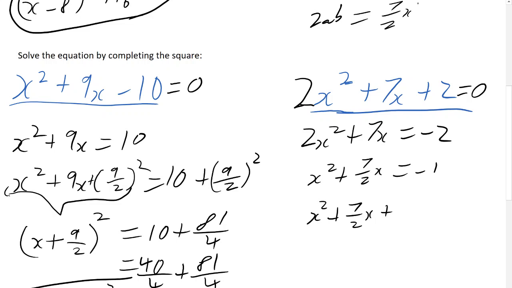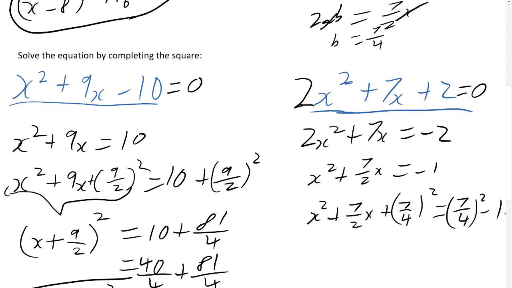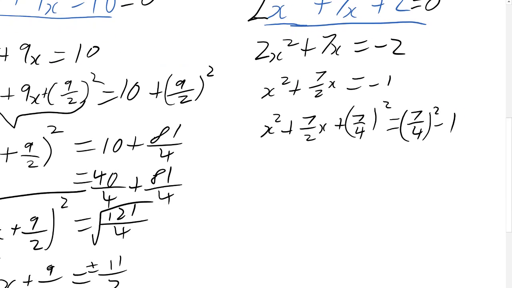A is equal to x right now, so we can cross those two out. And then b equals, divide both sides by 2, 7 over 4. So we have 7 over 4, and this is squared, equals 7 over 4 squared minus 1.